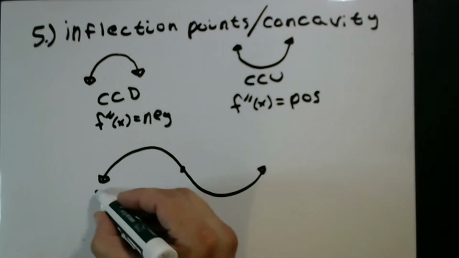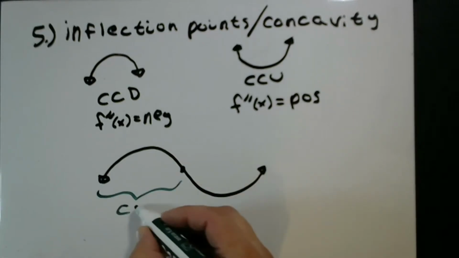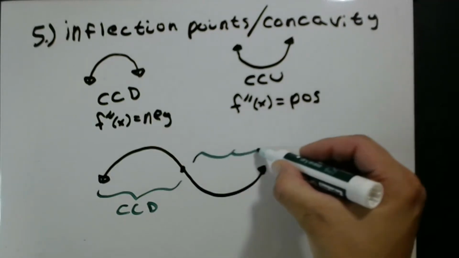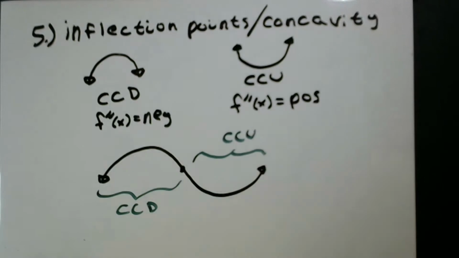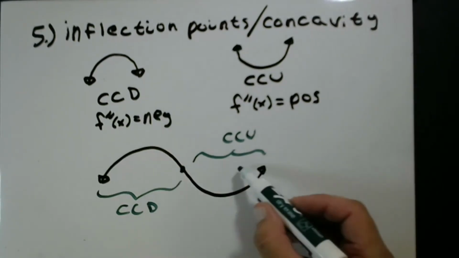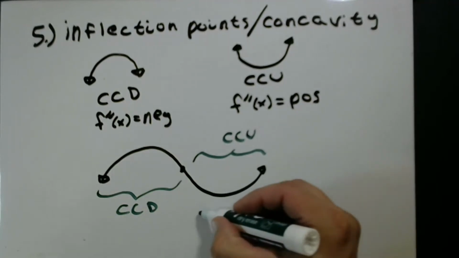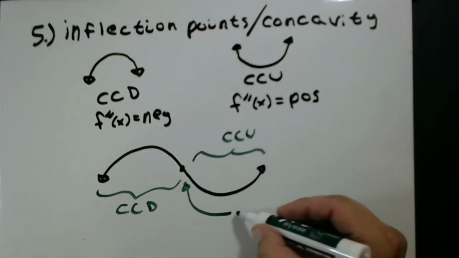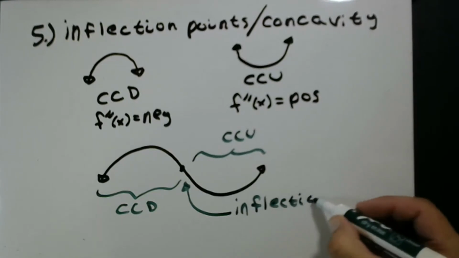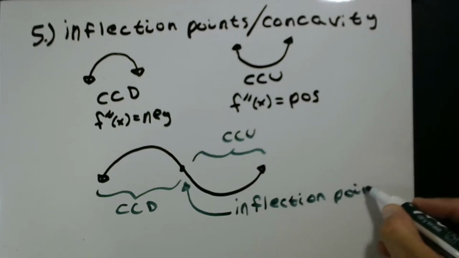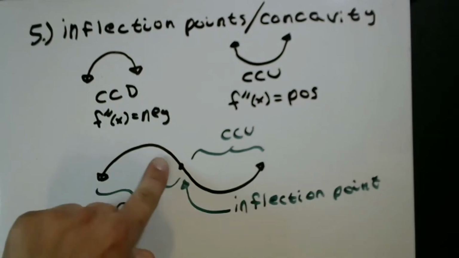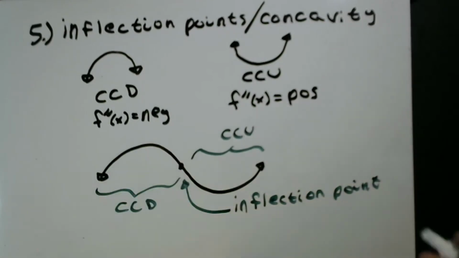And when we do, this part would be concave down. And this part is concave up. But there's a special point where we transition from concave down to concave up. And this is what is called an inflection point. So this is something on our graph we might be interested in, another one of those interesting properties where we transition from one concavity to the other.